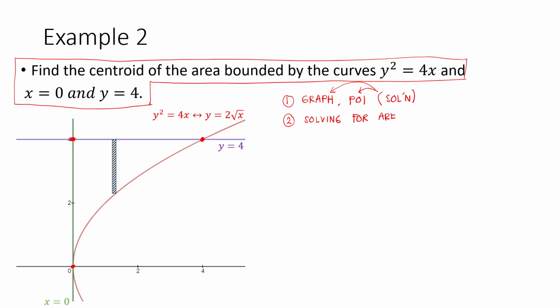So as you might see, we are already having the vertical strip. But again, if we try to determine if it can be solved using the horizontal strip, it can be solved using the horizontal strip also. So if I draw vertical strips at the ends, notice that the top portion is touching the purple line, y equals 4.